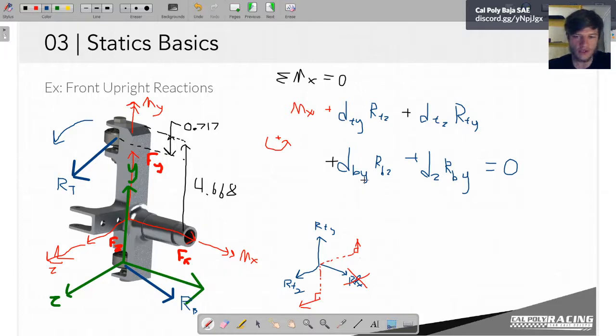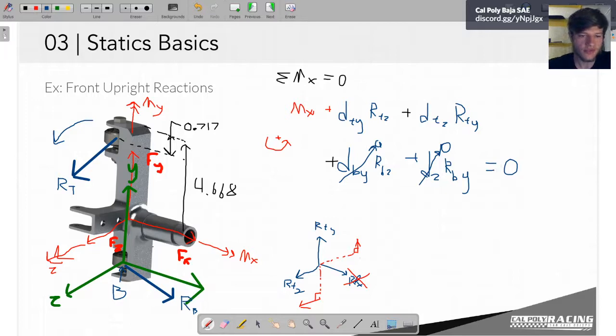So our distance at point B, dBz, is 0, right? Because we've put our coordinate system at point B down here, which means this is 0, that's 0, and that's 0. The whole thing is equal to 0.